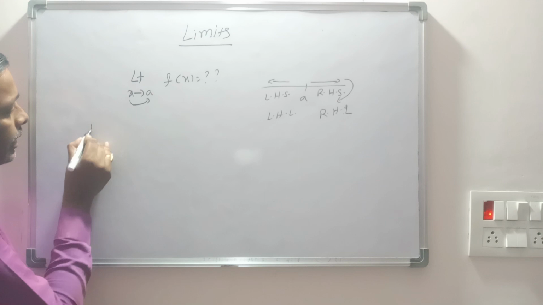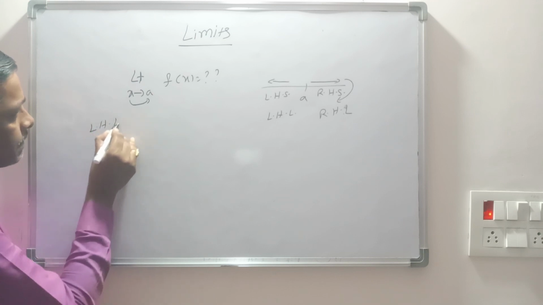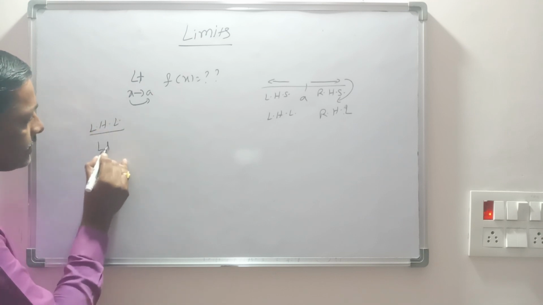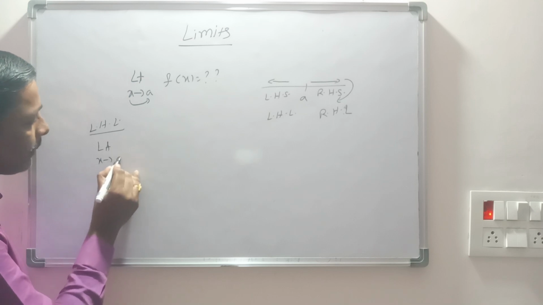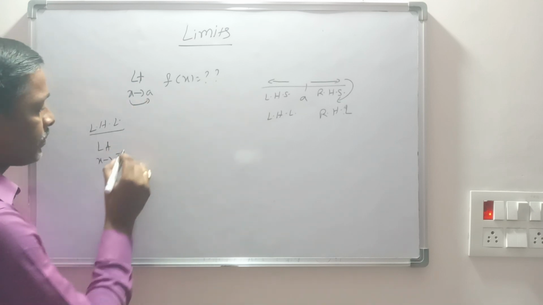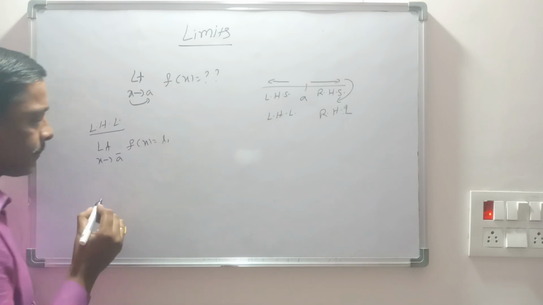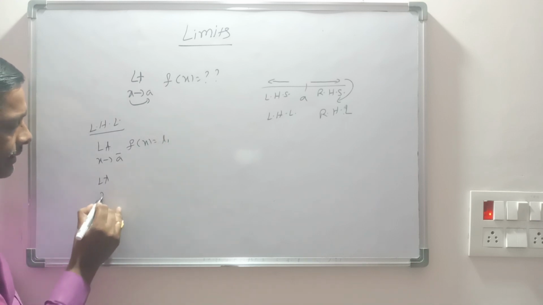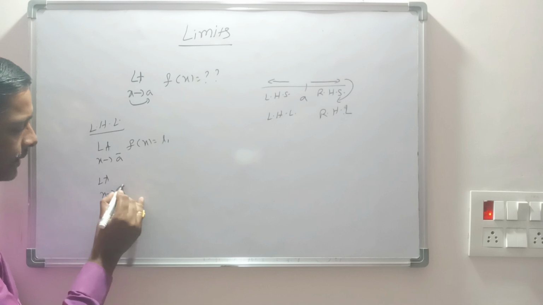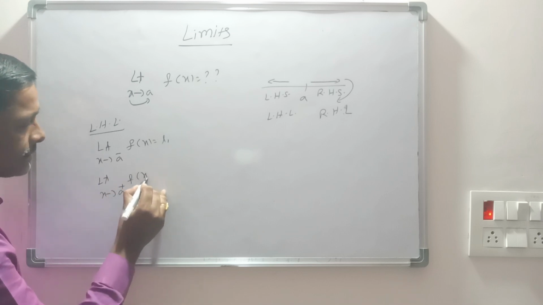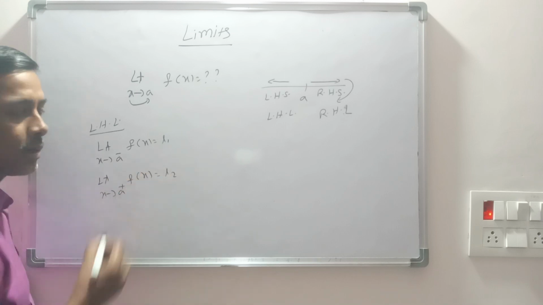For example, LHL: limit x tends to a minus, the negative side, f of x is, for example, L1. Limit x tends to a plus, f of x is, for example, L2.